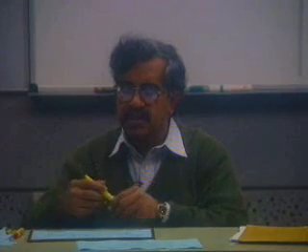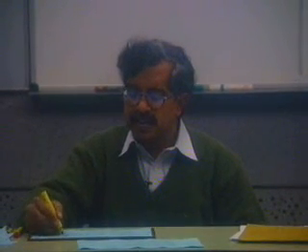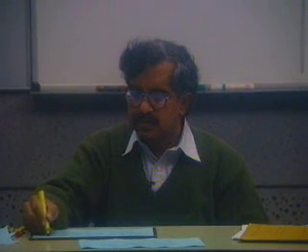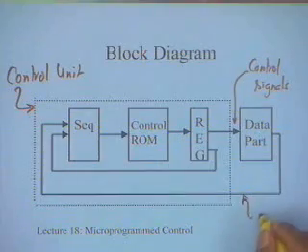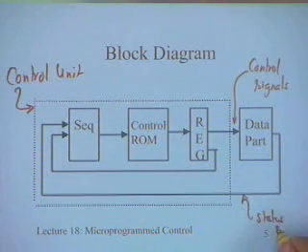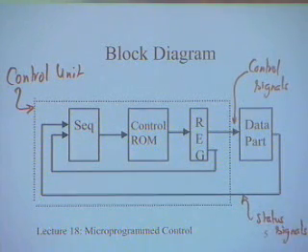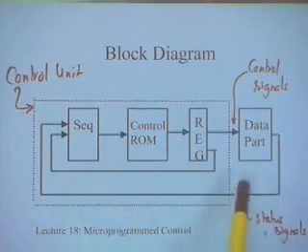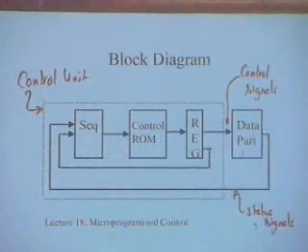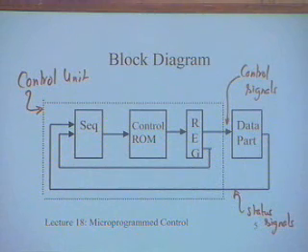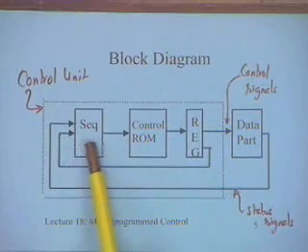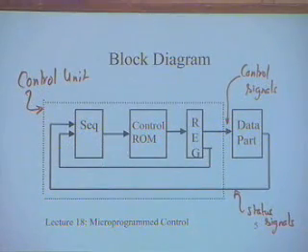If you relate it over here, these are the control signals, and these are the status signals. What is coming from the data part and going here is the status signal. What is coming from the control unit to the data part is the control signal. Okay, as I said before, the role of the sequencer is also called the next address generator.